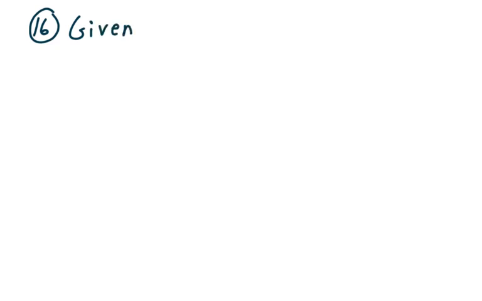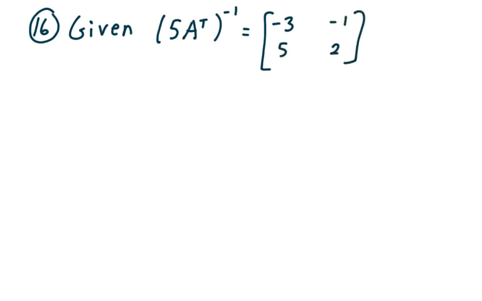Suppose we're given that the inverse of 5A transpose, okay, is the matrix -3, -1, 5, 2. Well, what I would do is I would look for 5A transpose first.